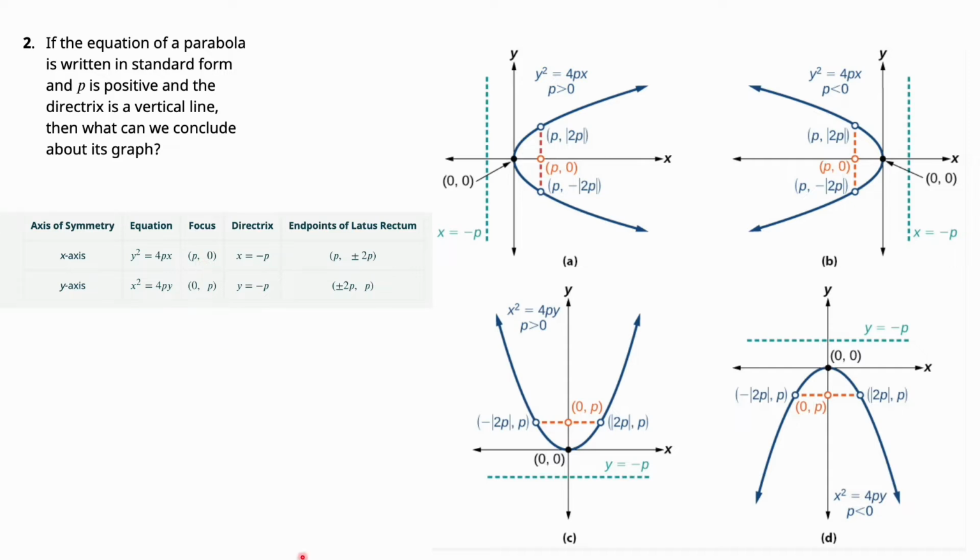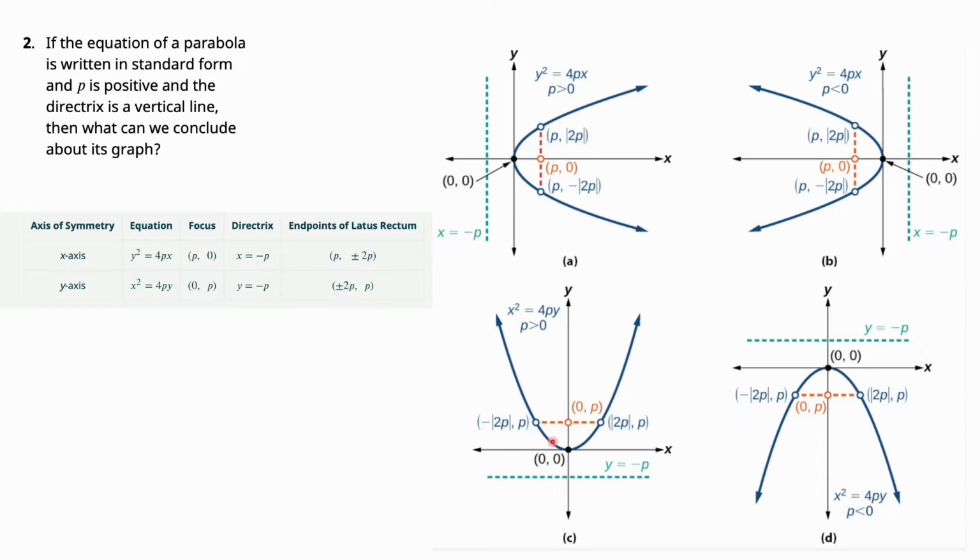This tells you how far the p is away, and this orange dotted line here is called the latus rectum, and these are the endpoints. So it goes through the focus, and it has endpoints on the parabola. When it's vertical, you're going to go up a certain distance and down a certain distance, and that distance is 2p.